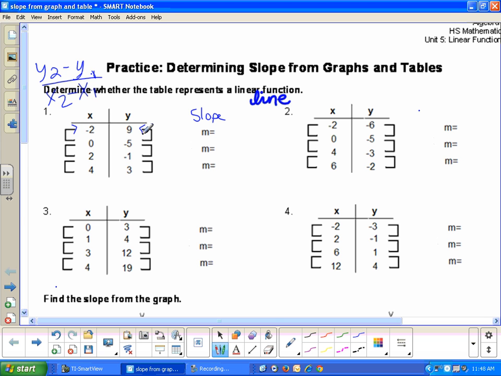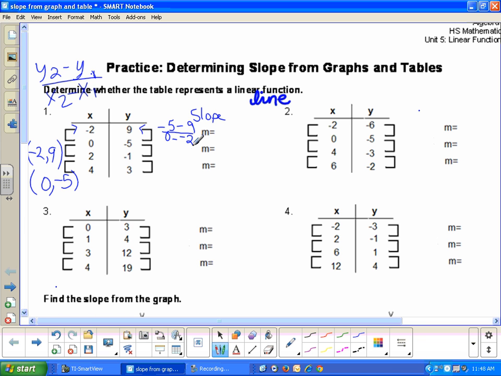Just -2, 9, and 0, -5. You don't have to rewrite them, but that could be another way they're written. So if we have those, we want the difference in our y's first: y2 minus y1, -5 minus 9, over 0 minus -2.